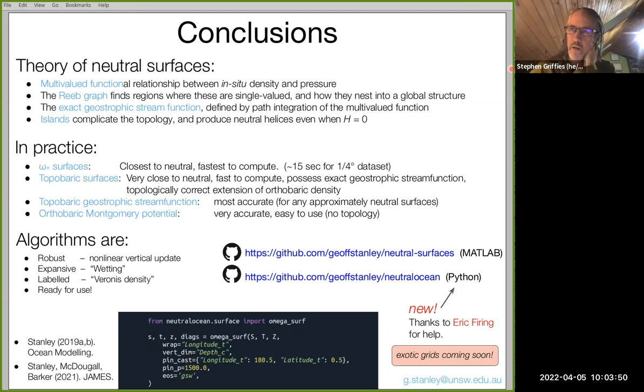The question about running a layered model, say with sigma 0, sigma 2, what have you, and diagnosing a spurious diffusivity relative to the neutral direction, it's different than running a Z model, for example, with that spurious diffusivity. You're not mixing anything in the layered model.